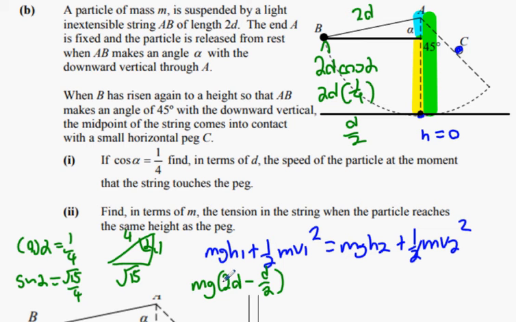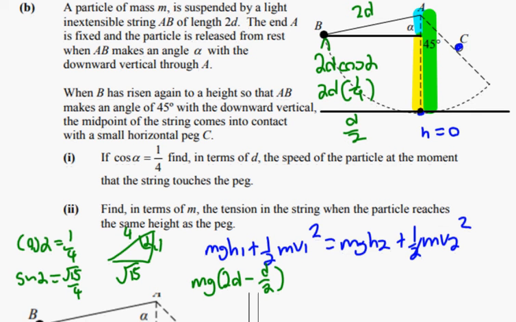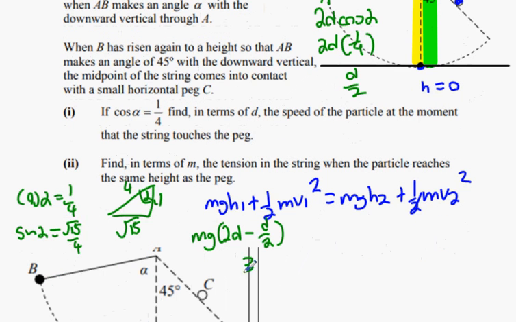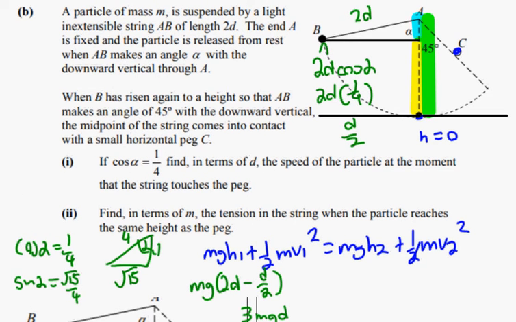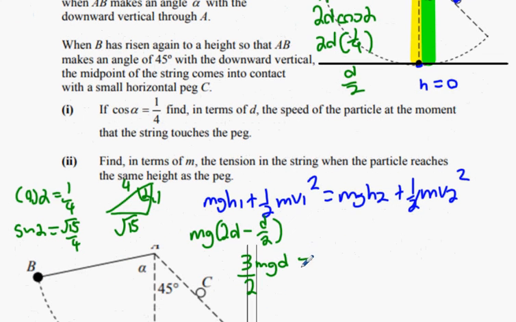Everybody happy with mg(2d minus d over 2), which is 3 over 2 mgd? Okay, does it have a starting velocity? Does it start from rest, or is it given a starting velocity? Rest. Starts from rest, does it? So that's a half mv0 squared, yeah? So that doesn't count, so there's no starting kinetic energy.